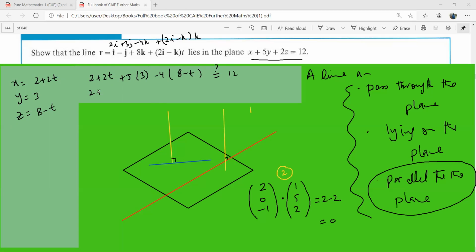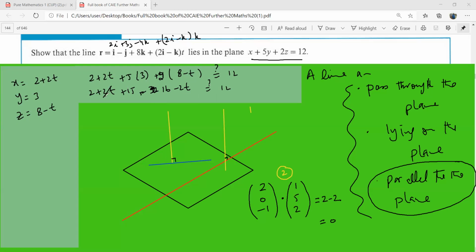Okay, this is 2 plus 2t plus 15 minus 32, and then you have plus 4t. This is plus 2. Okay, so this is 16 minus 2t, is that equal to 12?